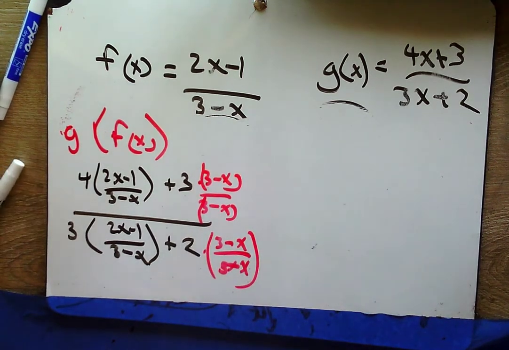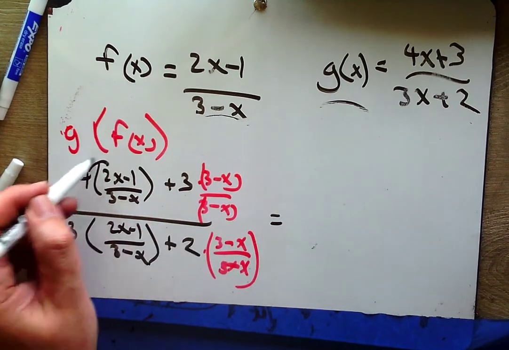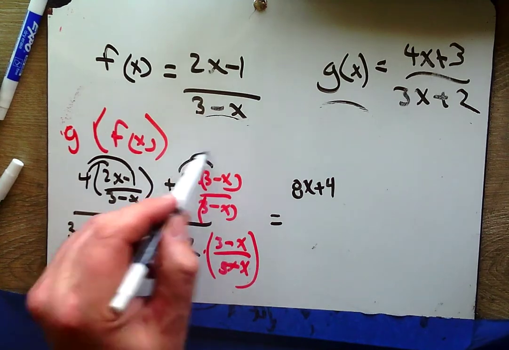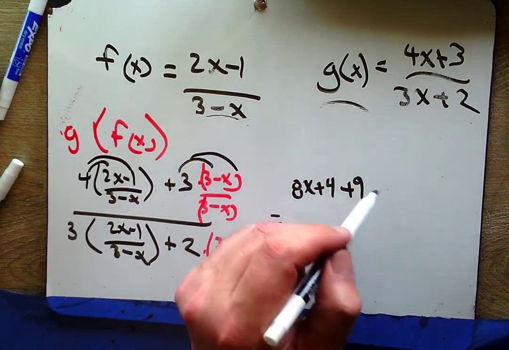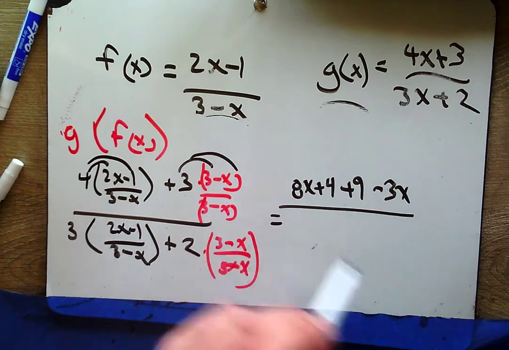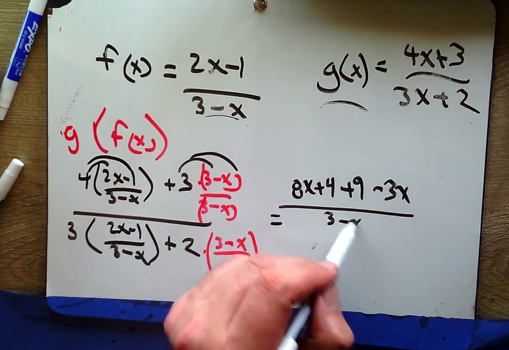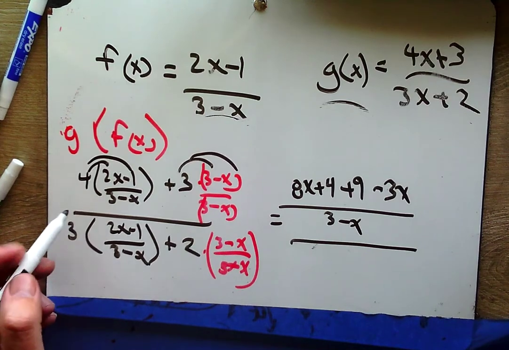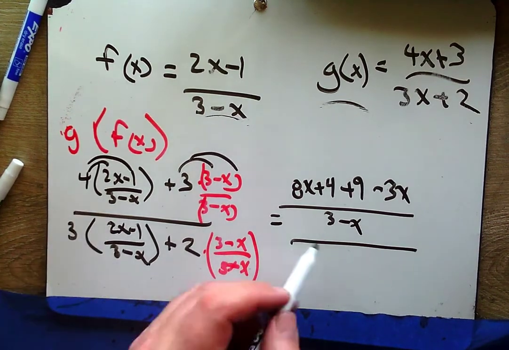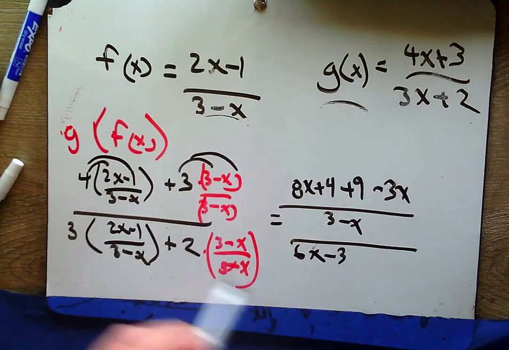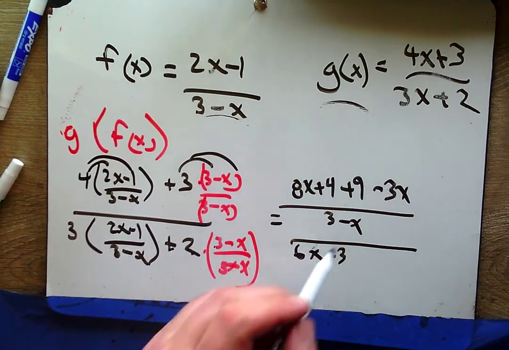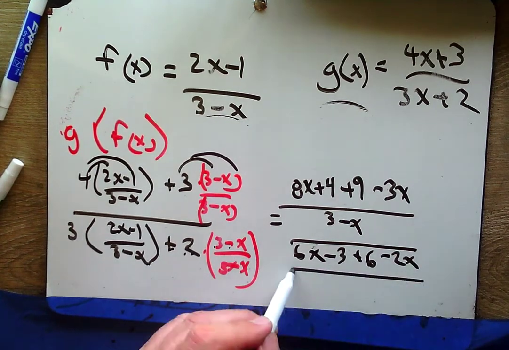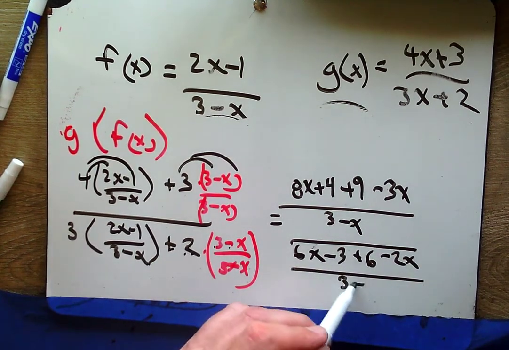So what's going to happen next? Well, I'm going to have 8x plus 4 plus 9 minus 3x over 3 minus x, over, and now here I'm going to have 6x minus 3, and that's a positive 2 times 3 is 6, and minus 2x, all over 3 minus x.